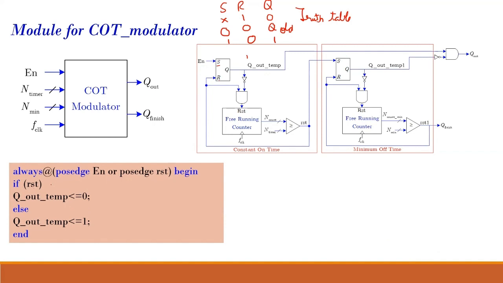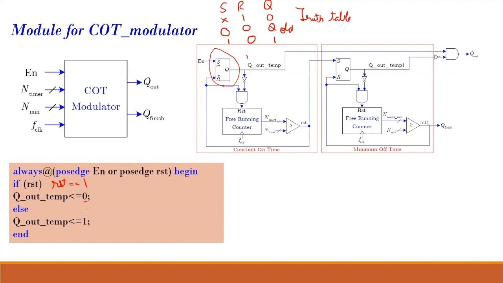If my reset is equal to 1, that is, if my reset is high, what do I have to do? We are implementing this. So if my reset is 1, Q out temp has to take the value 0.